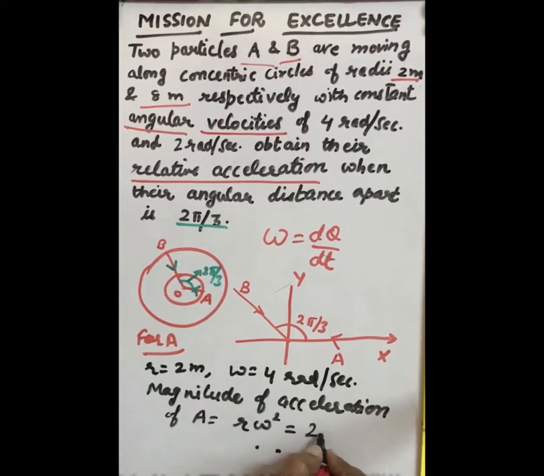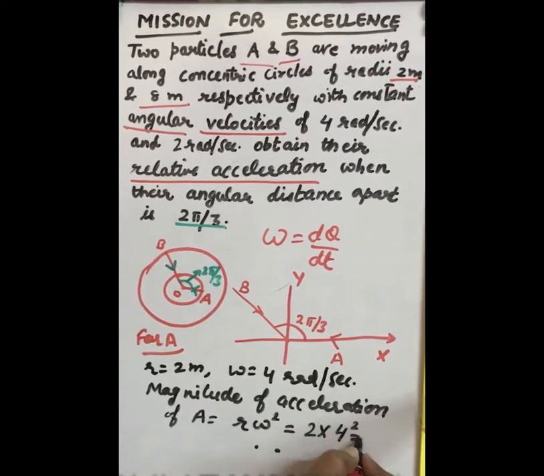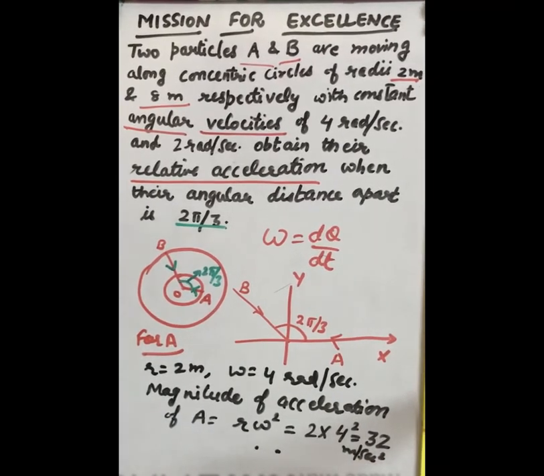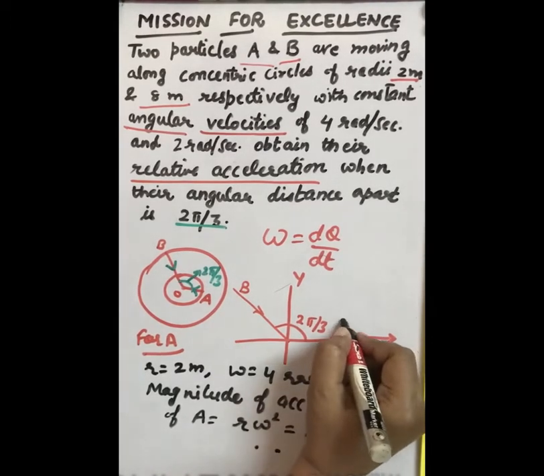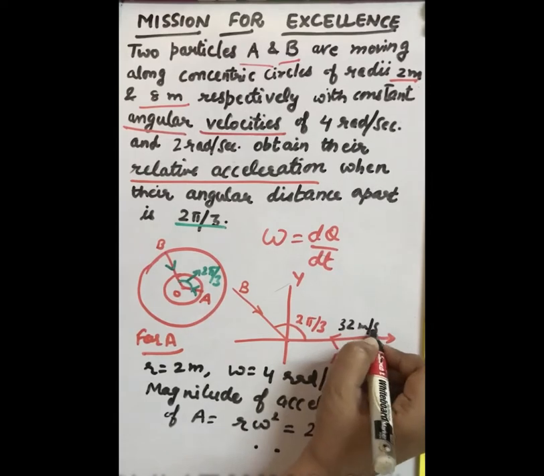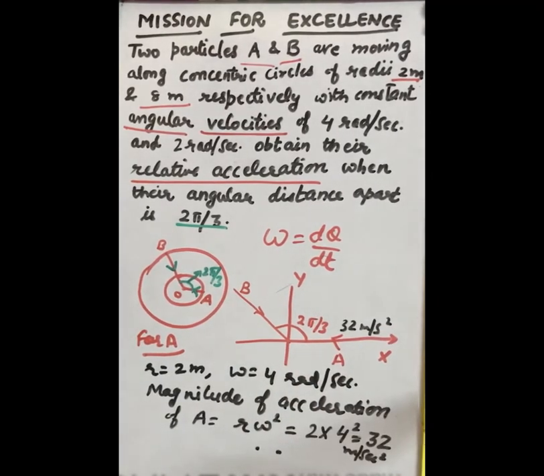So r is 2, omega is 4, so this comes out to be 32 meter per second square. Unit of acceleration is meter per second square. So let us write here 32 meter per second square. Similarly, you can find out the acceleration for B also.